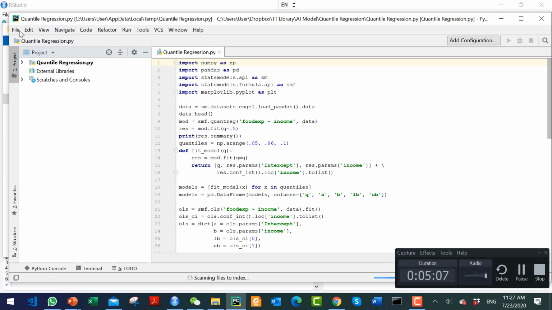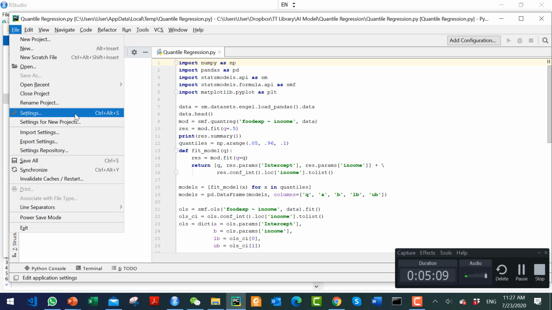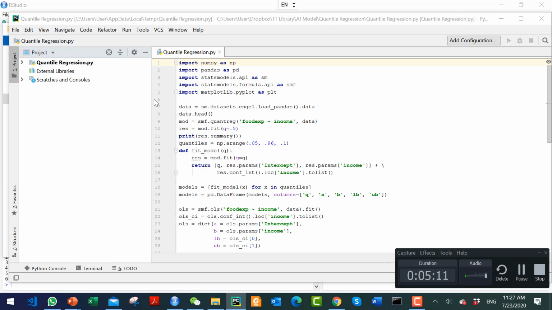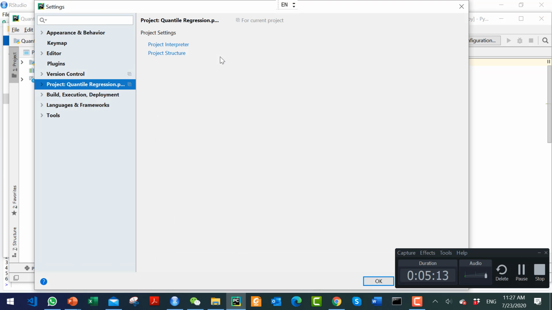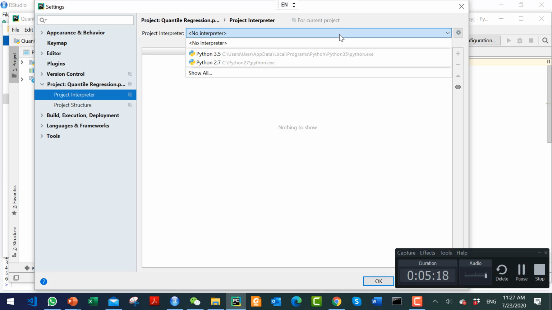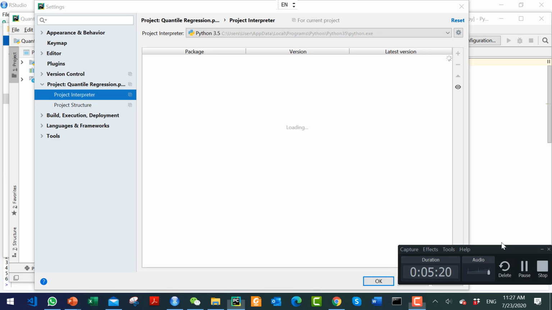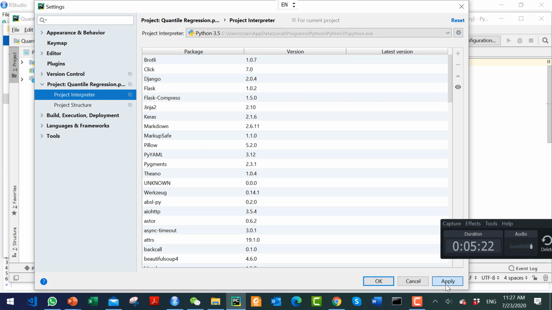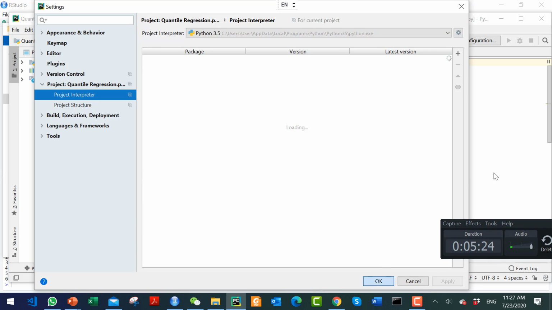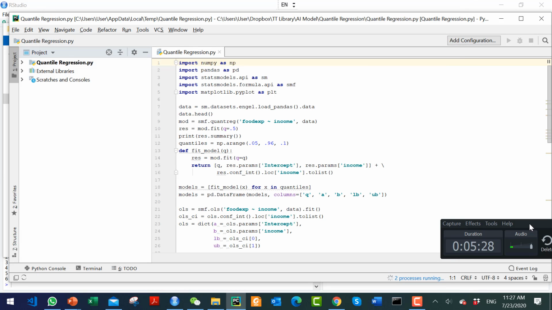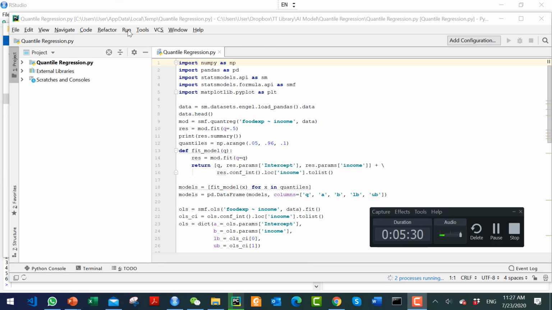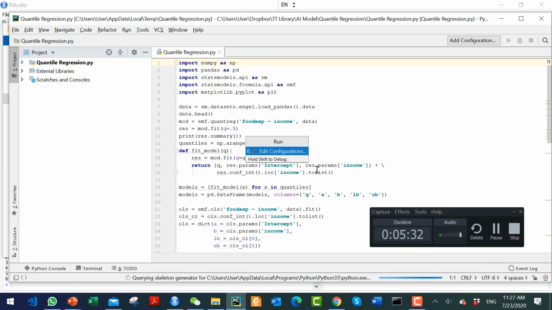First, we set the environment, setting and checking the interpreter for this quantile regression. Then we can start to run the quantile regression.